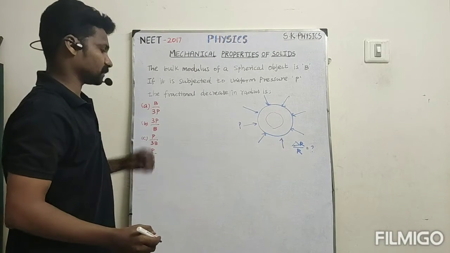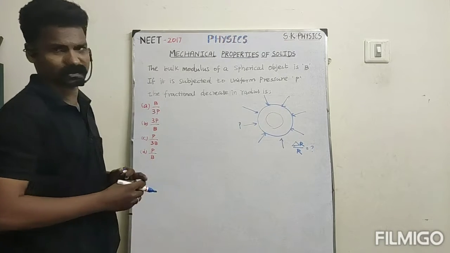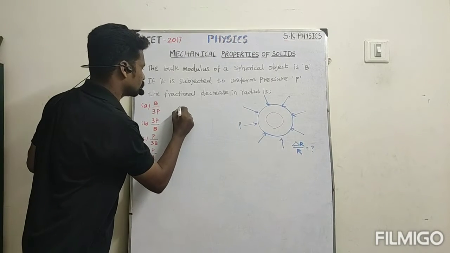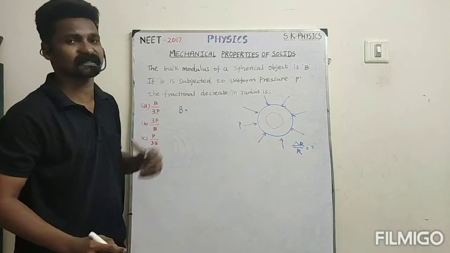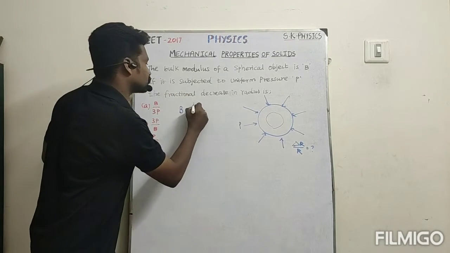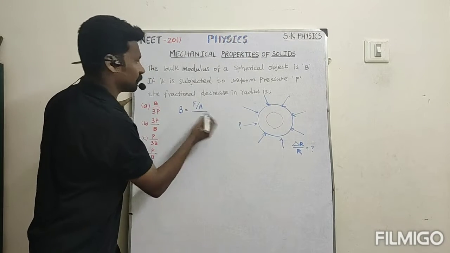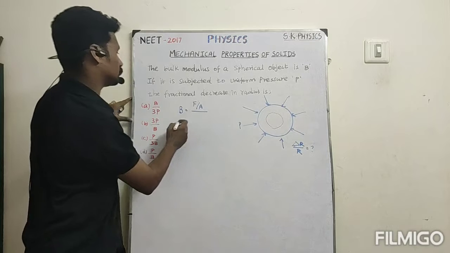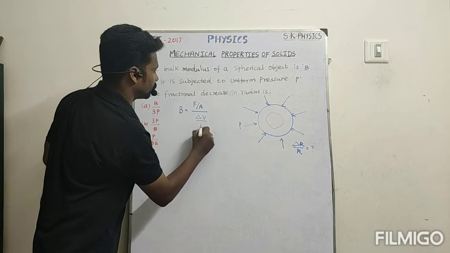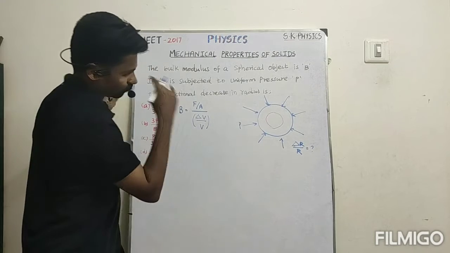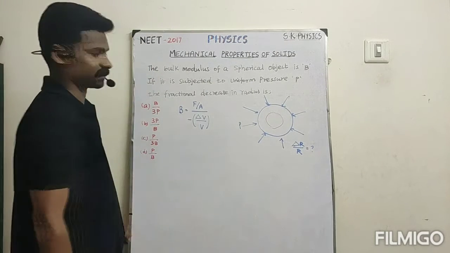Now we know that this is related to the bulk modulus. We know the bulk modulus formula: bulk modulus is bulk stress divided by bulk strain. The stress is, as usual, force per area, divided by the strain, that is change in volume divided by original volume. But the volume is going to reduce, so we put a minus sign.